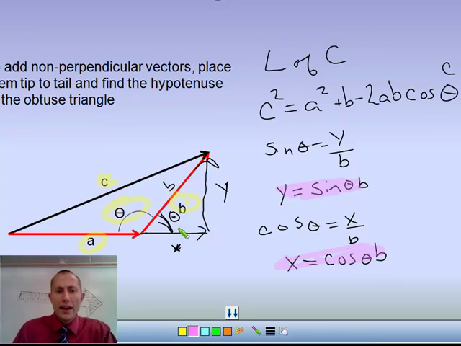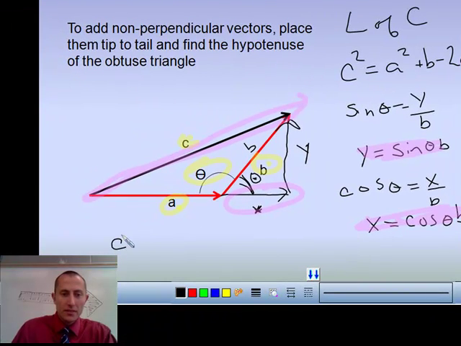And then once we have this x component, you'll see that the x and the a are acting in the same direction, and then y is acting perpendicular, so we essentially now have two sides of a larger triangle, and we're going to find its hypotenuse. And so because a and x are in the same direction, we're going to add them together. We then have y.